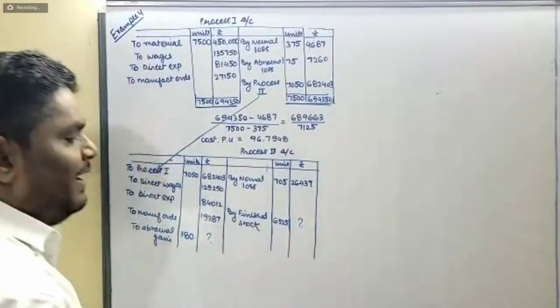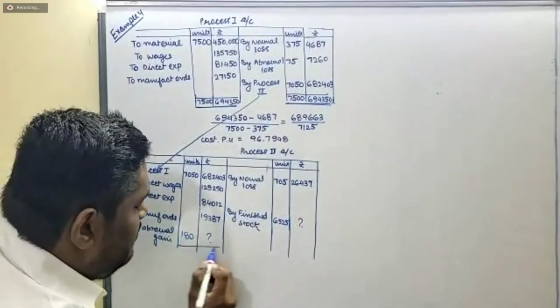Now we have to calculate the value of finished stock and abnormal gain.